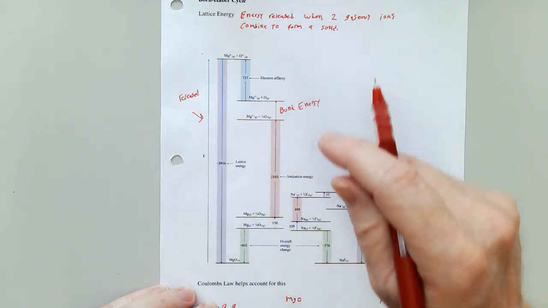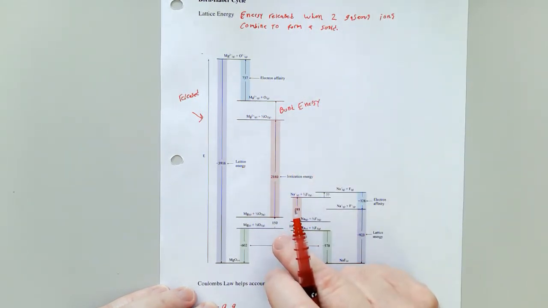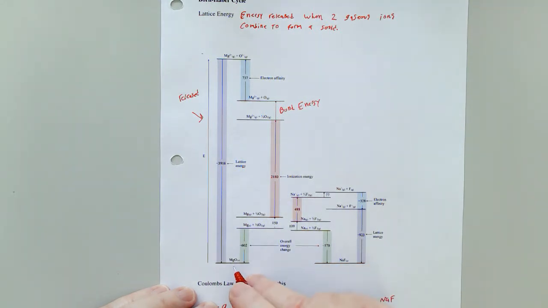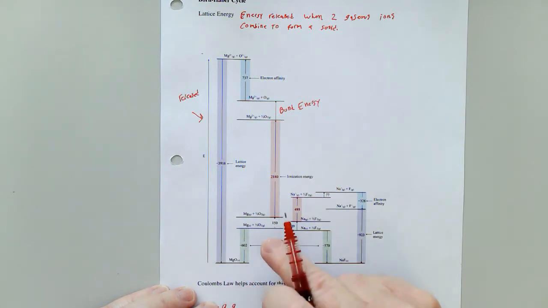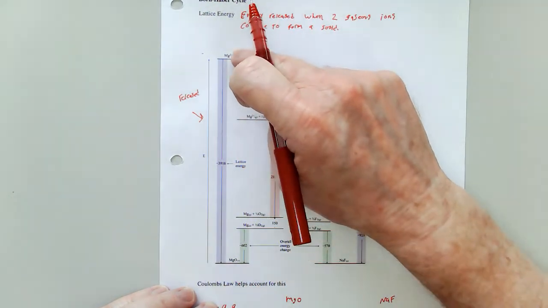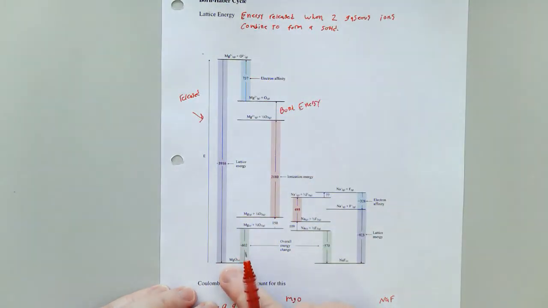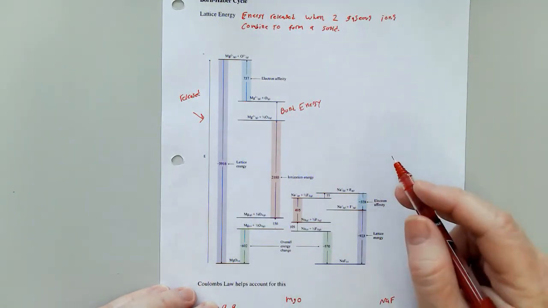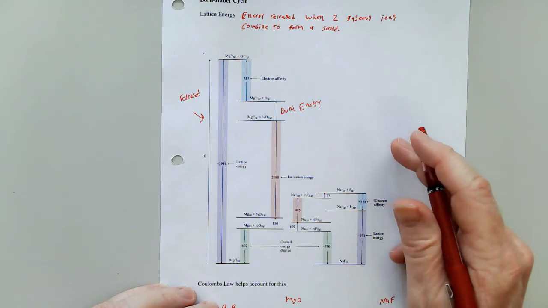Now, we also know the heat of formation for magnesium oxide, which is the heat released when 1 mole of a substance is formed from its elements in their natural states. That's our endpoint. So all of these took us up, and then we dropped down to there. And that gives us that release of almost 4,000 kilojoules.